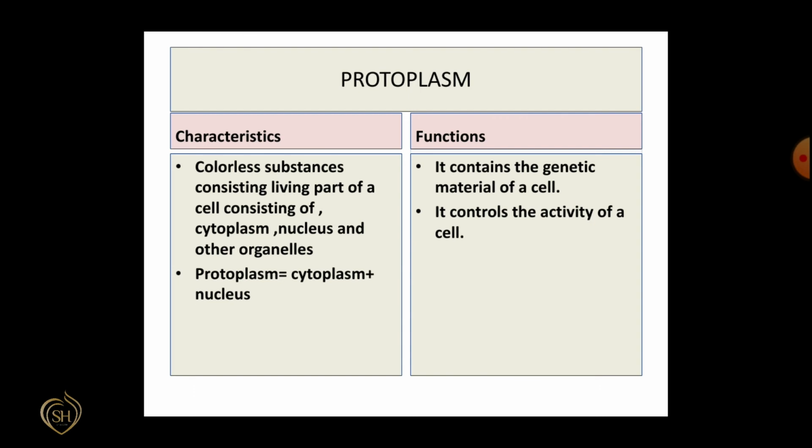Or it is the collection of the cell membrane, cytoplasm, and nucleus. Mainly, it includes the nucleus. It carries the genetic material of that cell, so it controls the activity of that cell.